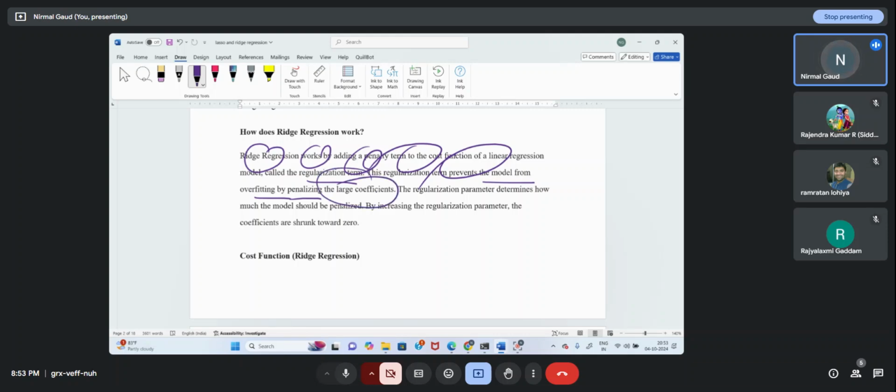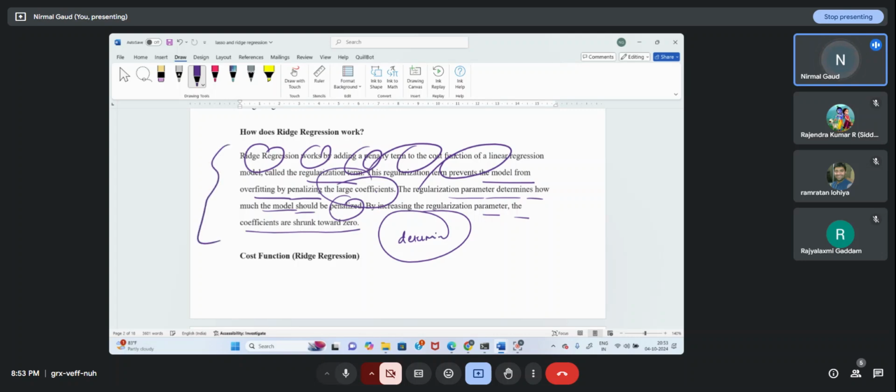What does it mean, large coefficients? Let's see. The regularization parameter determines how much the model should penalize. It determines how much penalty needs to be applied. By increasing the regularization parameter, the coefficients can shrink to zero.